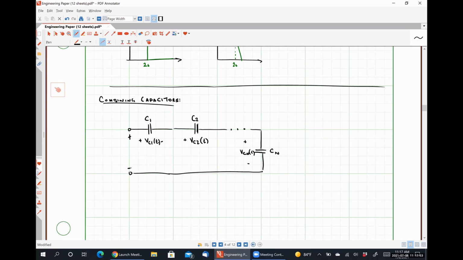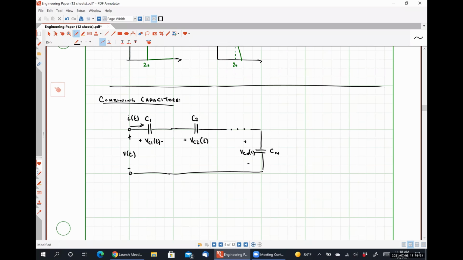If I have some source voltage V of t acting on this system. So, since all of the capacitors are in series, it should be easy enough to see that they will all have a current i of t flowing through them. So they'll all have the exact same current because they're all connected in series. That has to be true.